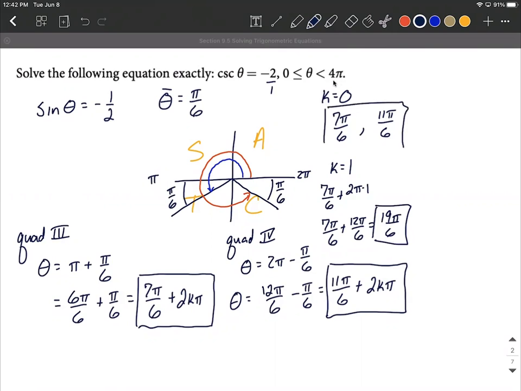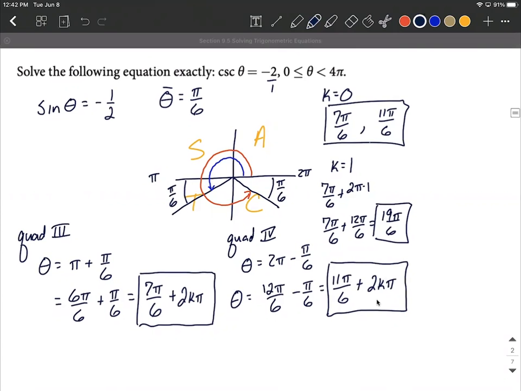So we got that one, and then we also want to plug in a 1 over here. Last one, as we plug in a 1 for k, we can say 11 pi over 6 plus 2 pi, or again, that's 11 pi over 6 plus 12 pi over 6, written with a common denominator, which is going to be 23 pi over 6.